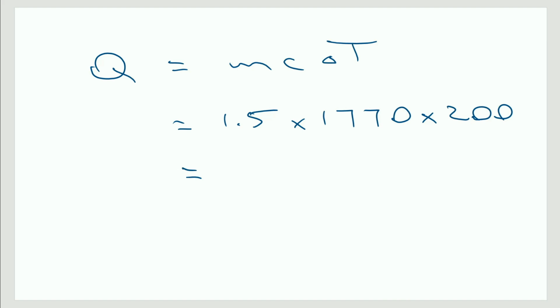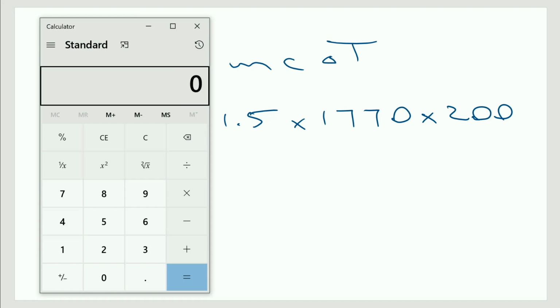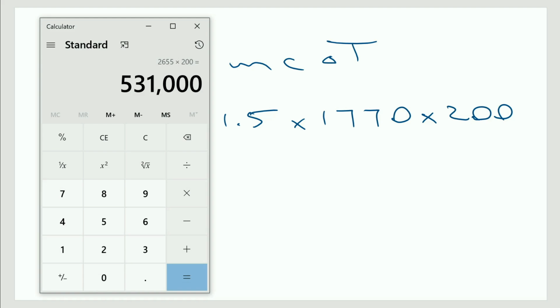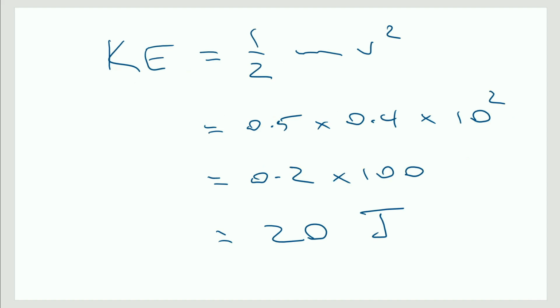Let's work that out with my trusty little calculator. 1.5 times 1770 times 200 is 531,000. So we need 531,000 joules of energy. That's an issue because my slap only produced 20 joules of energy.